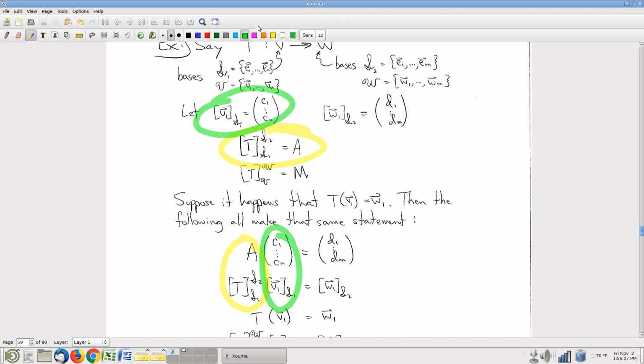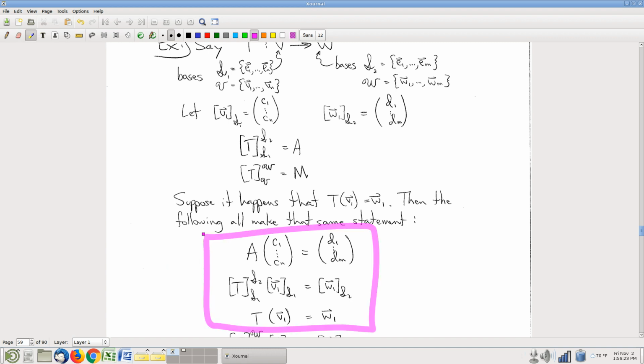And likewise, W1 in the S2 basis, D1 through Dm. So I hope you can see that these three statements all say the same thing. This says a statement about abstractions. This says I would like to make that statement about the abstractions with respect to the standard basis. And then this statement up here is just making that statement with respect to the standard basis. All the same. Everybody on board?